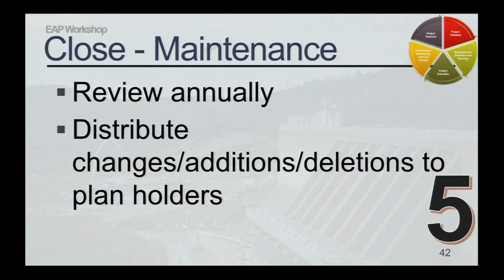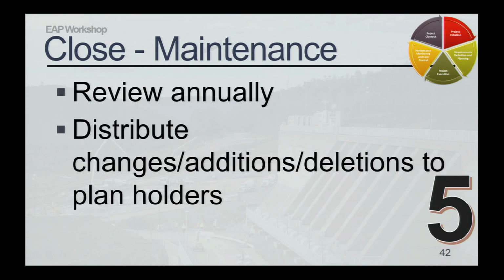That review should include an evaluation of changes in the flood inundation area, in downstream developments, or in the reservoir. FEMA P64, the document we saw at the beginning, has an appendix, Appendix A, with an EAP review checklist to guide you through that process. And once the changes are made and you've done your annual review, you will distribute those changes to your plan holders.